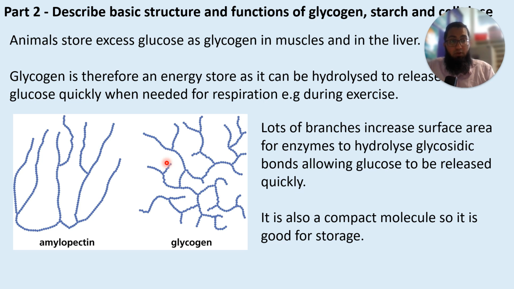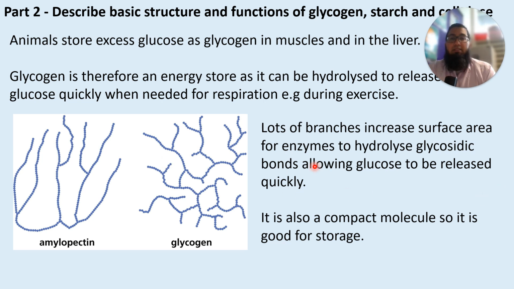The enzyme is going to go and break down that massive polymer of glycogen into small bits using hydrolysis. So having lots of branches means the enzyme can hydrolyze it faster. How is it faster? There are more access points, more surface area. So you can release that glucose more quickly, so therefore you can undergo more efficient respiration.